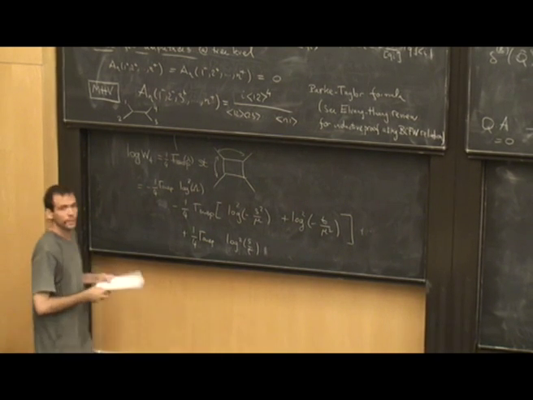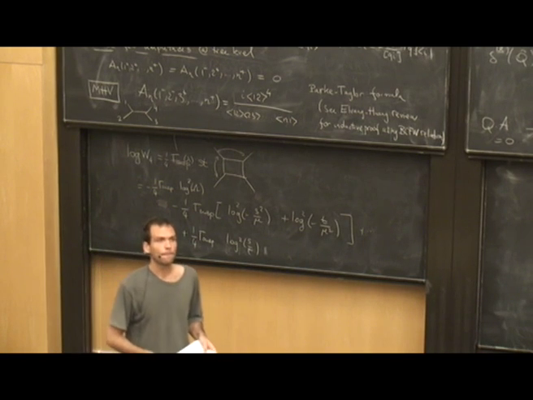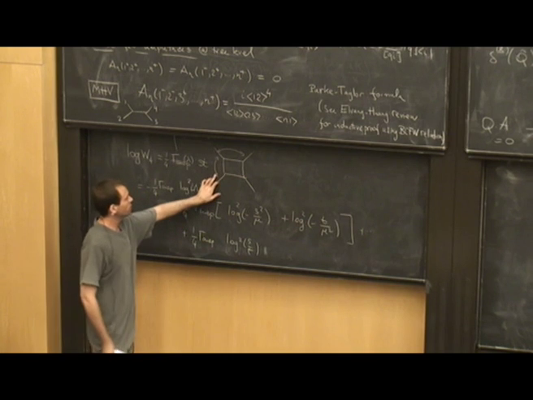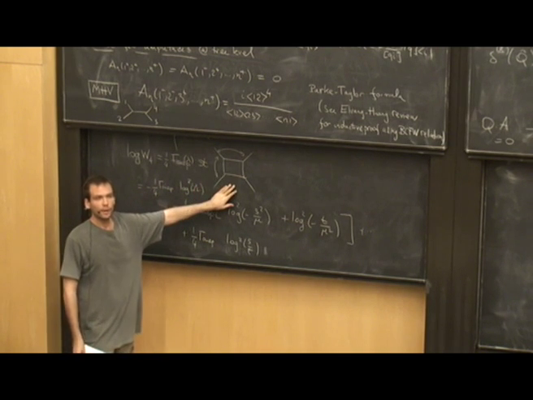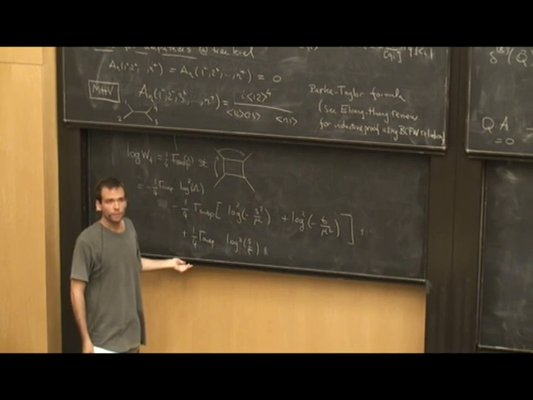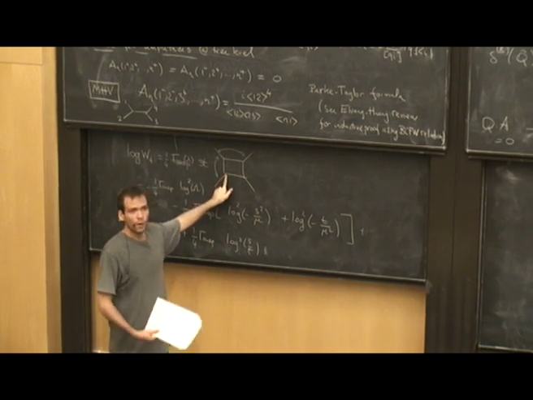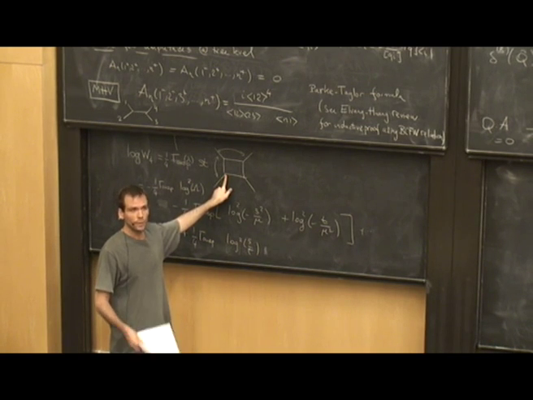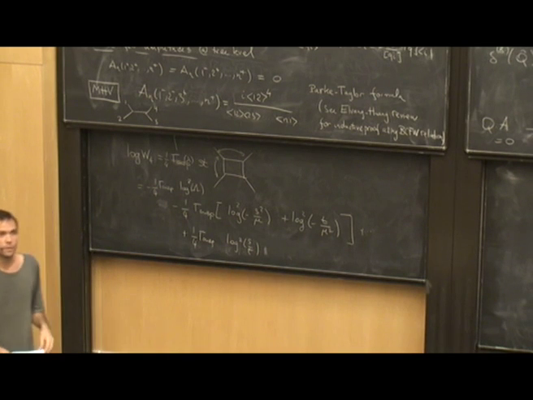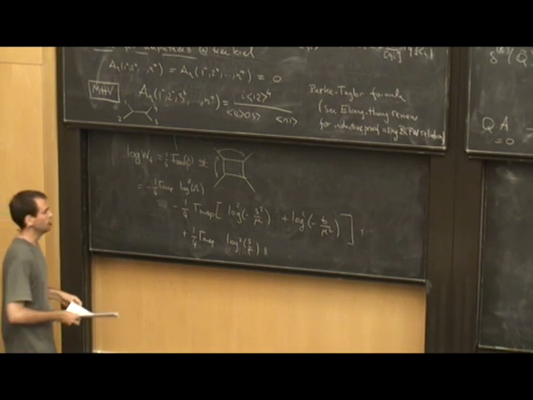Can I ask a question? Yes. This diagram is for scattering of gluons. Yeah, this describes the scattering of gluons, but to compute this diagram you can forget about gluons. It's literally just what it means in the scalar theory. Okay, so you have a vertex which just gives you 1, like a phi cubed, and then you have propagators which are 1 divided by p square minus 0, in this case, p square plus i epsilon.